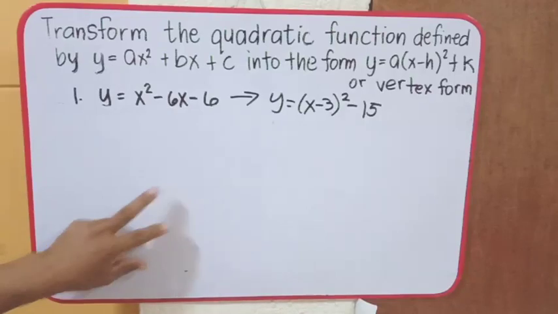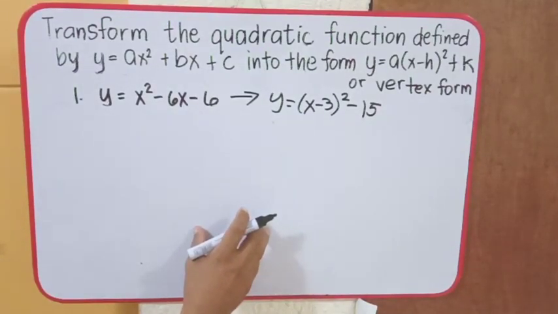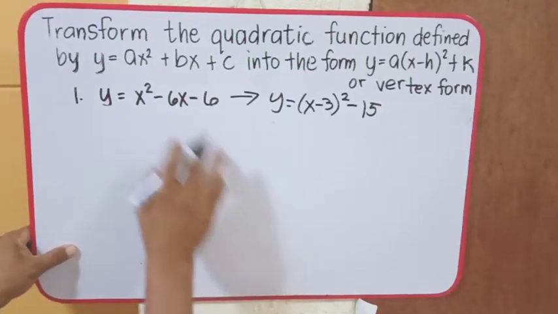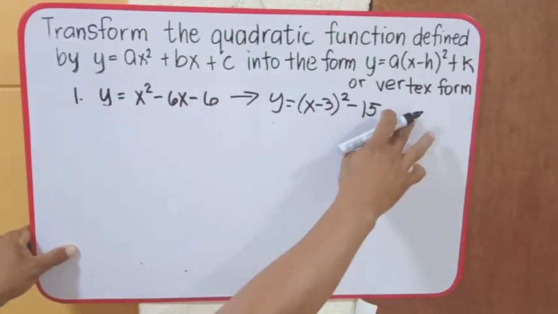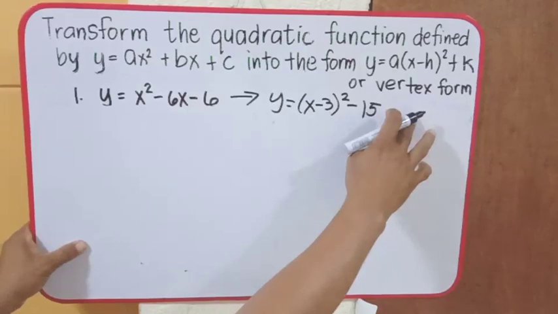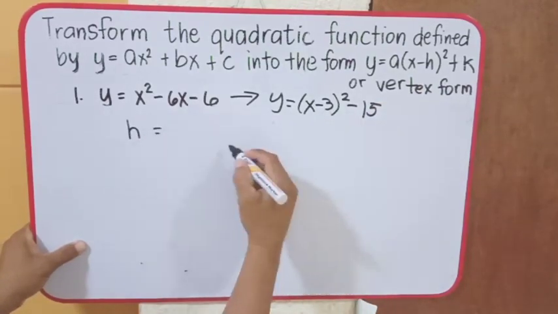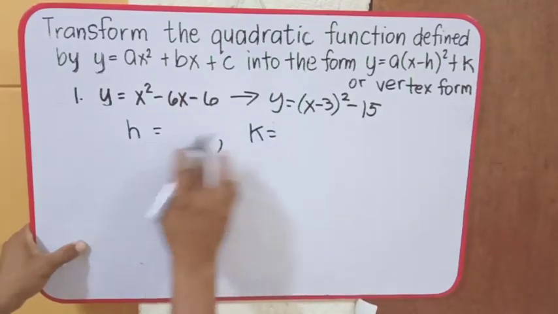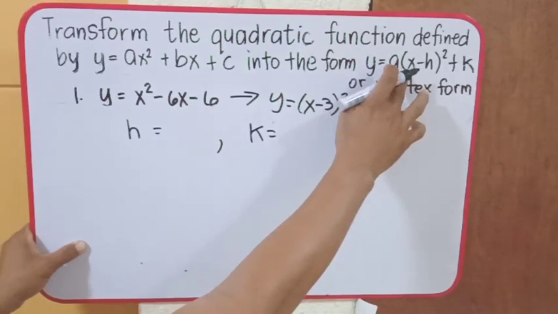Ito yung vertex form na nakuha natin kanina. Ngayon, magta-try tayo ng ibang methods sa pagta-transform ng general term ng quadratic function into a vertex form. At ito yung h and k. So, yung h and k na yan, makikita natin yan doon sa formula ng vertex form.